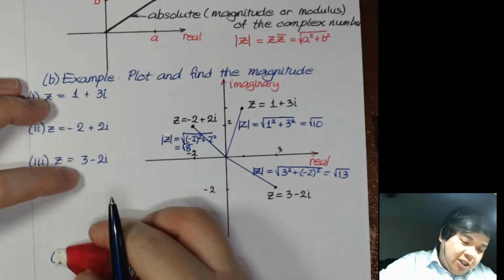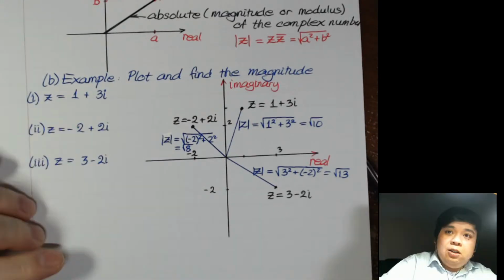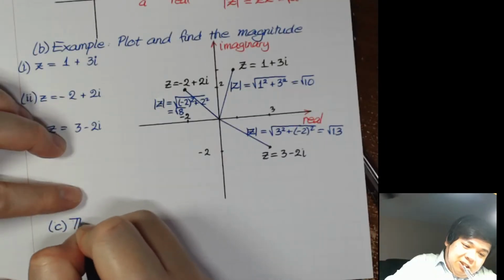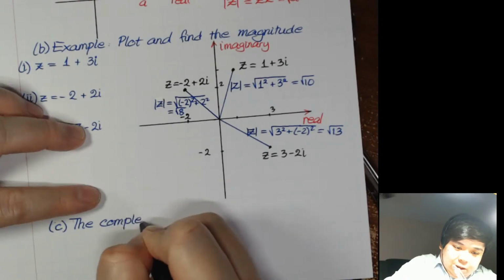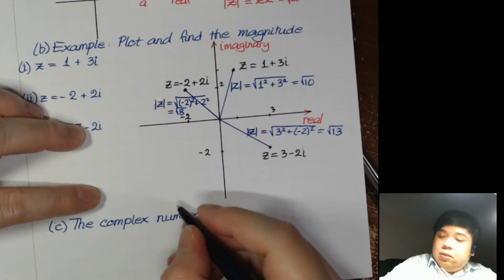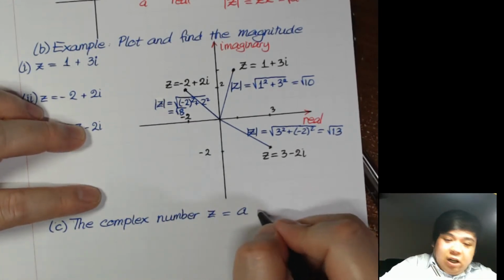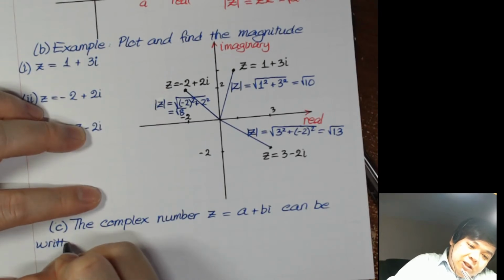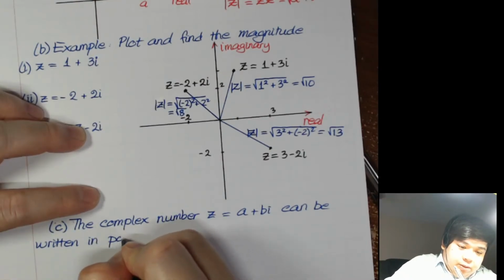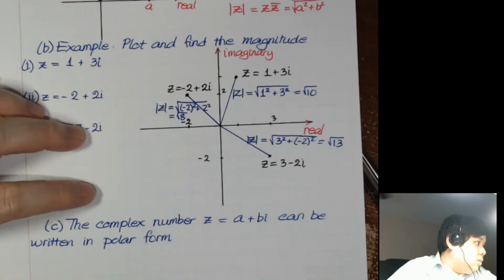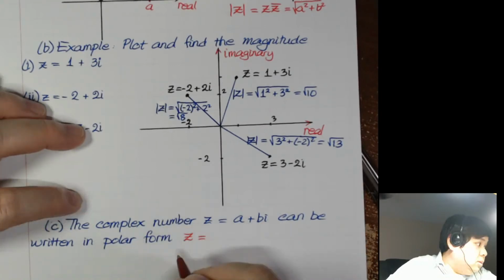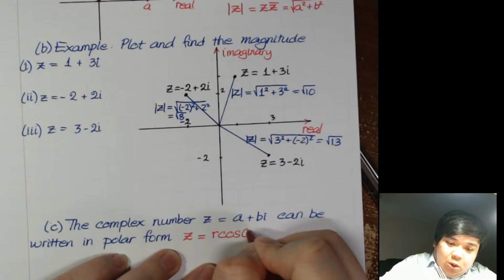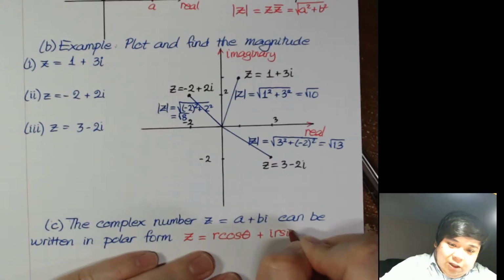Now go to part C. The complex number z equal a plus bi can be written in polar form: r cosine theta plus i r sine theta.